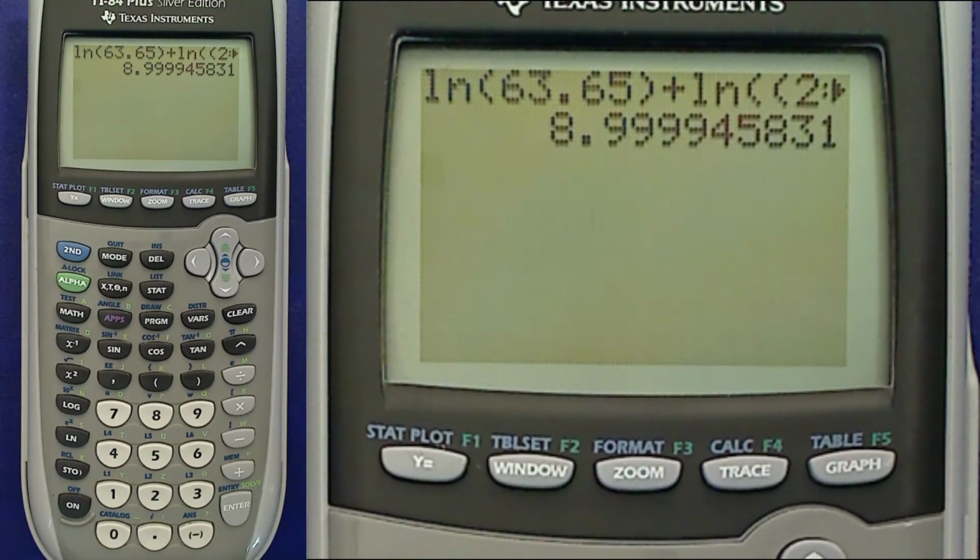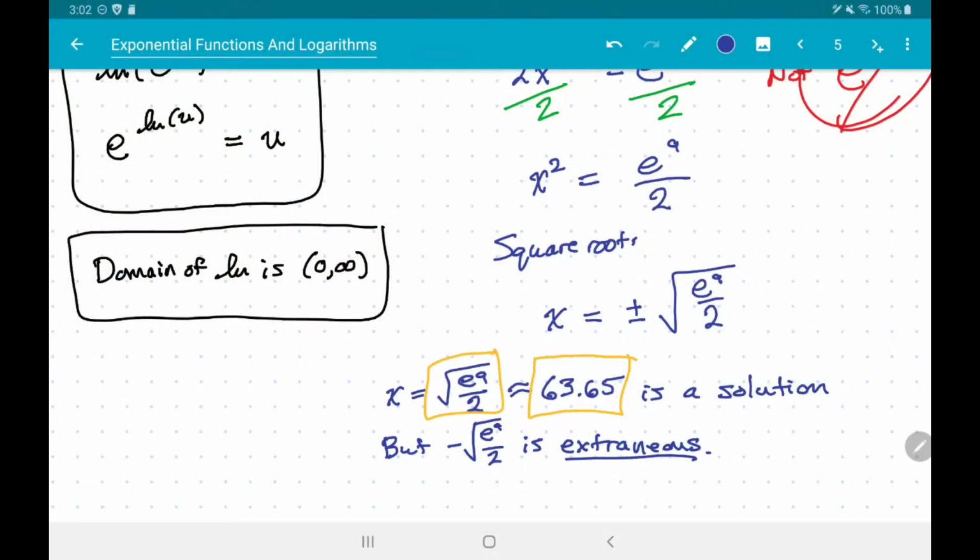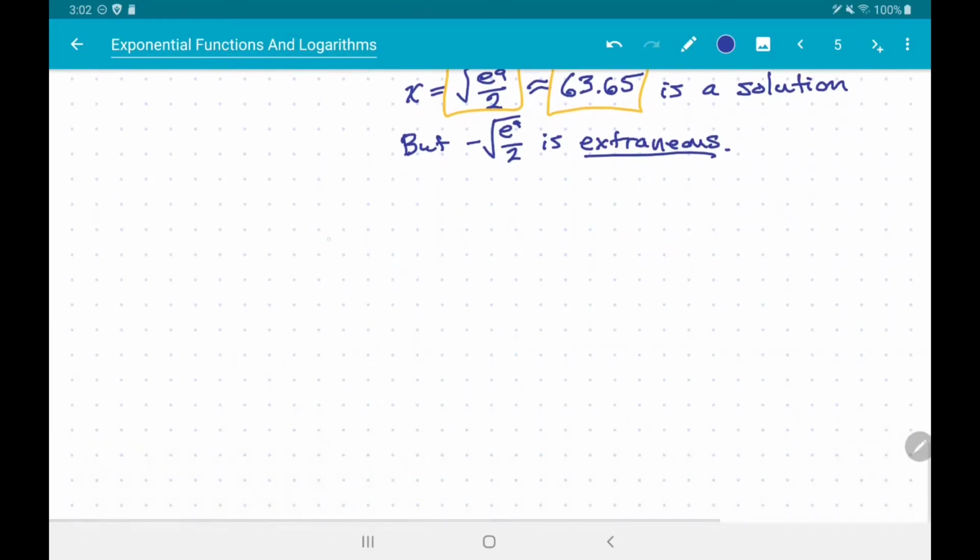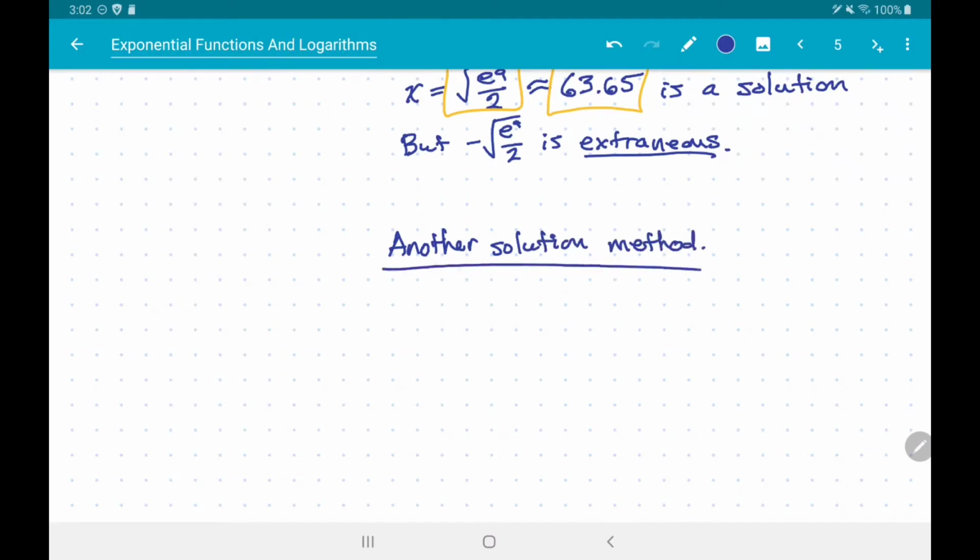That's just something that you should keep in mind while you're checking these. There are other ways to solve this problem. I'm going to very quickly show you another solution. Okay, another solution method. Here's the equation again. ln of x plus ln of 2x equals 9.